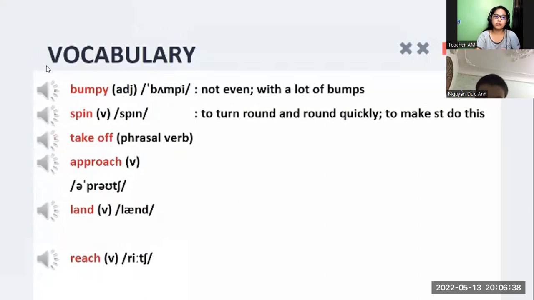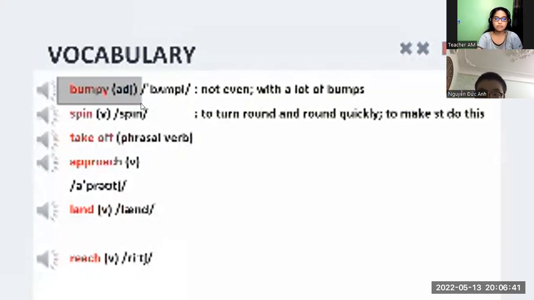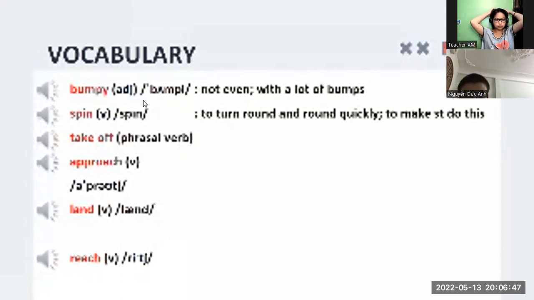Okay, so now I want you to use bumpy in a sentence. What's your sentence for the word bumpy? Bumpy is not even with a lot of bumps.